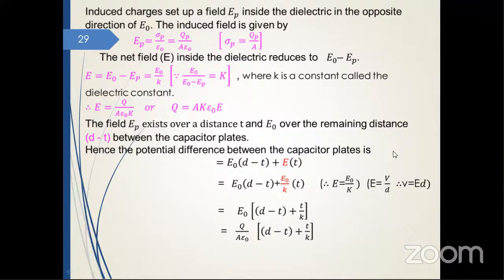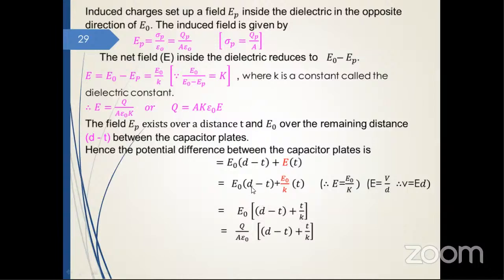Therefore, here we only rearrange the equation for V. V is equal to E into T. And putting this value in this equation, the value of E is equal to E naught divided by K. Again, E naught is common.